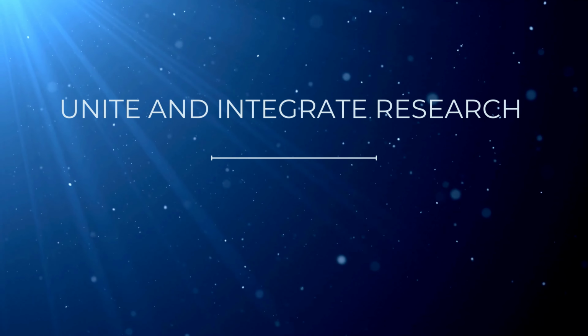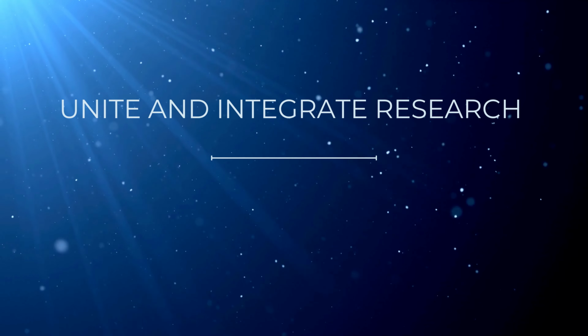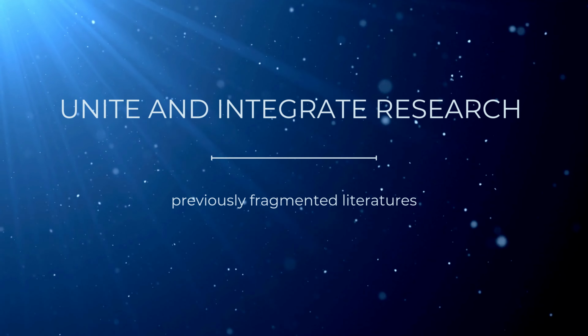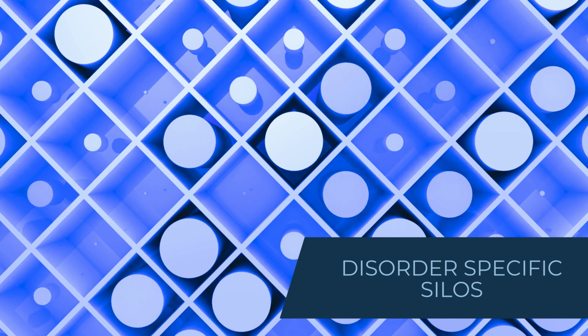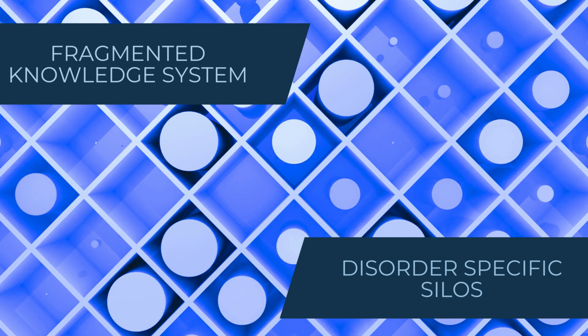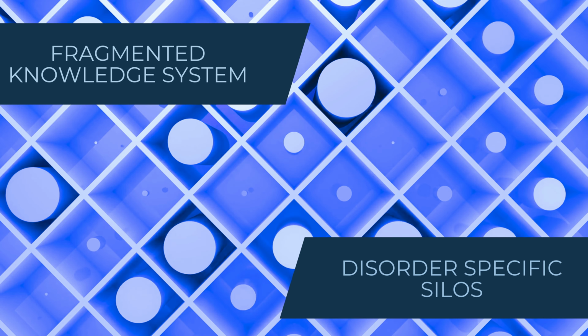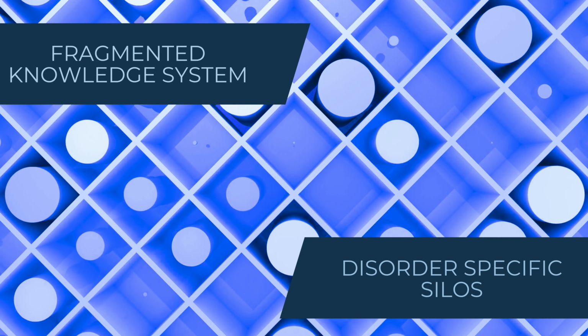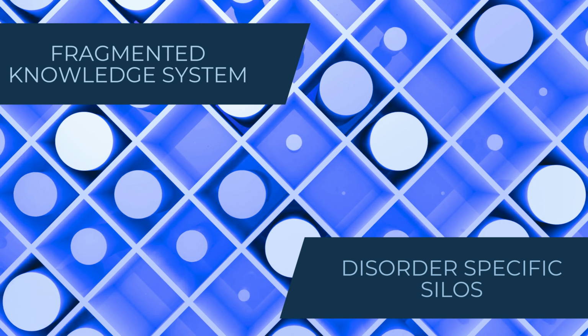HiTOP can unite and integrate research. Within the HiTOP framework, researchers can integrate previously fragmented literatures. Traditional research occurs mostly in disorder-specific silos. This creates a fragmented knowledge system within psychology where progress related to one disorder does not typically intersect with research for other disorders.